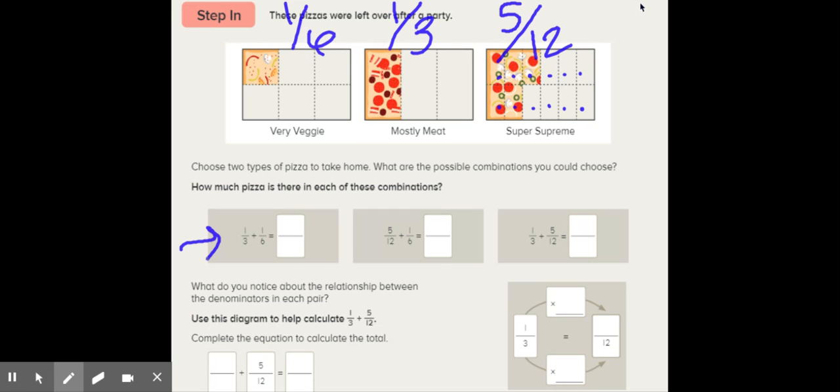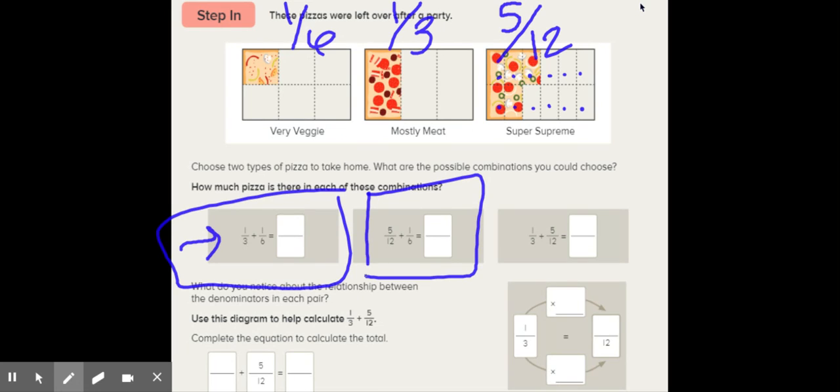So I could take home a mostly meat and a very veggie, and that would be represented in this first problem. Okay, if I took home a super supreme and a very veggie, I would be talking about this second problem. And if I was taking home the mostly meat and a super supreme, then I'd be talking about this problem right here.